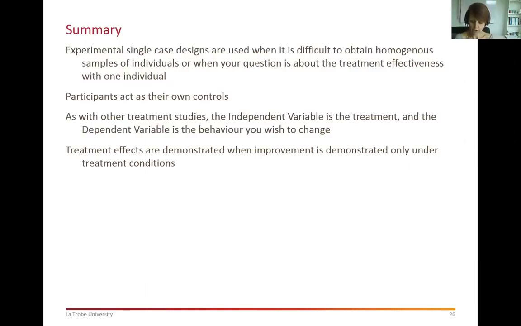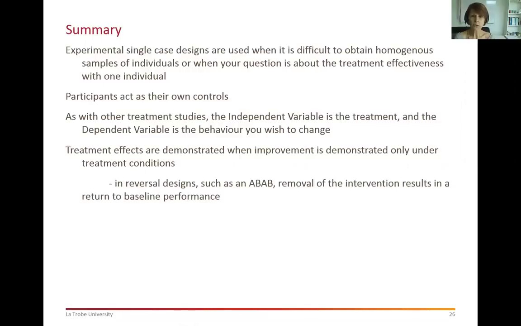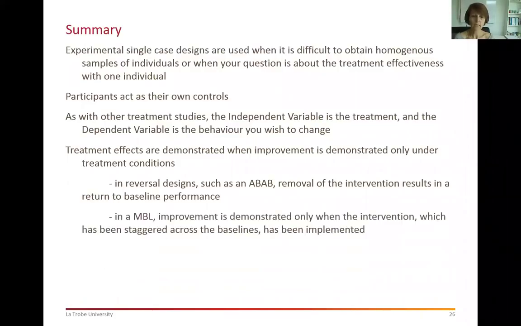They don't occur during baseline, or it's a much more dampened down effect, if you like. In reversal designs, such as ABAB, removal of the intervention results in a return to baseline performance. In a multiple baseline design, improvement is demonstrated only when the intervention, which has been staggered across the baselines, has been implemented.